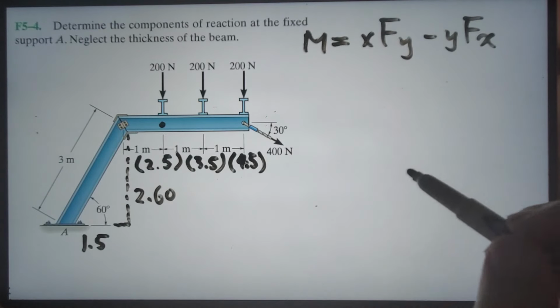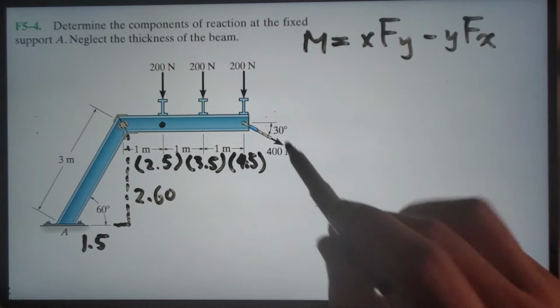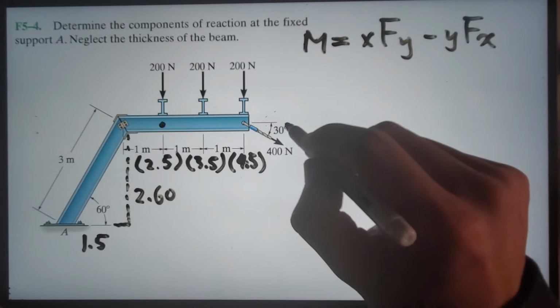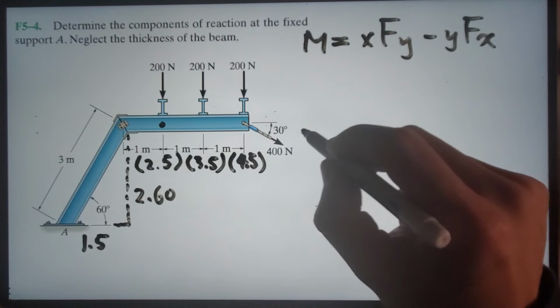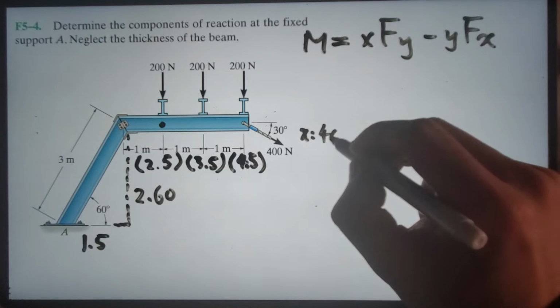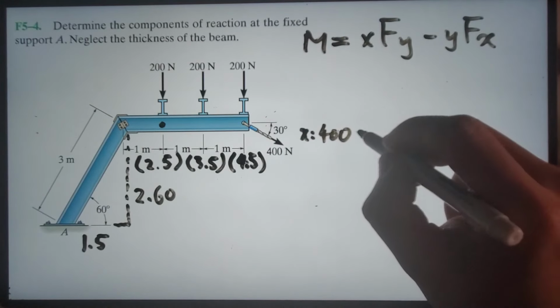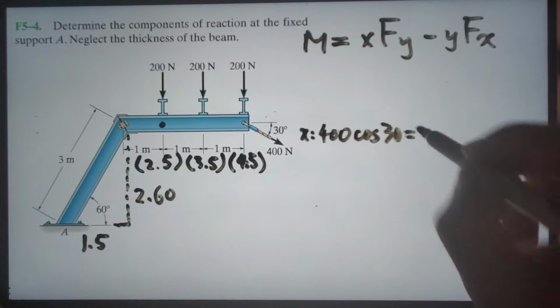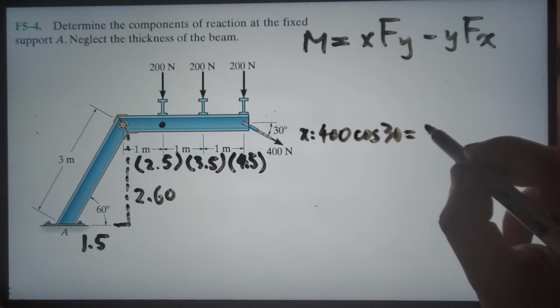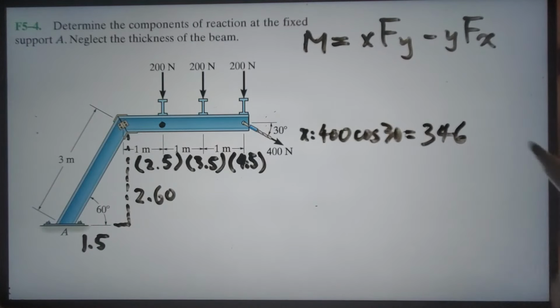Over here, we have a force acting 30 degrees below the x-axis. What are the x component and the y component? The x component, we know, is positive. It will be 400 times cosine of 30, which is 346.